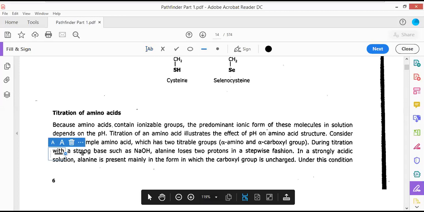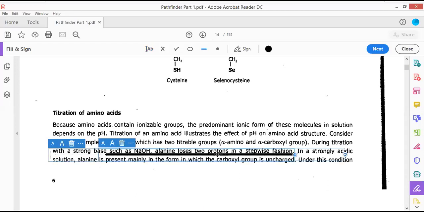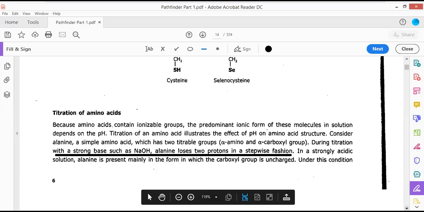Now, can you recollect where these 2 protons have been lost from? The first proton is lost from the carboxyl group and the second proton from the amino group. The pH at which the carboxyl group loses its proton is called pKa. The pH at which the amino group loses its proton is pKb. Okay, so what is the formula? You can look forward here.